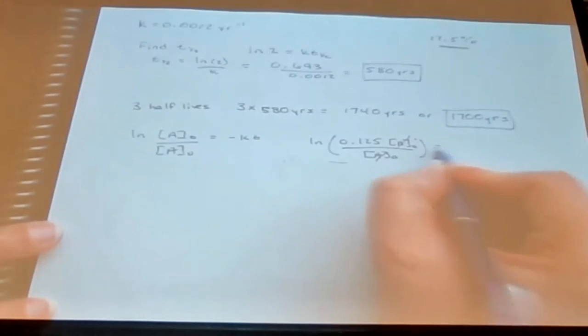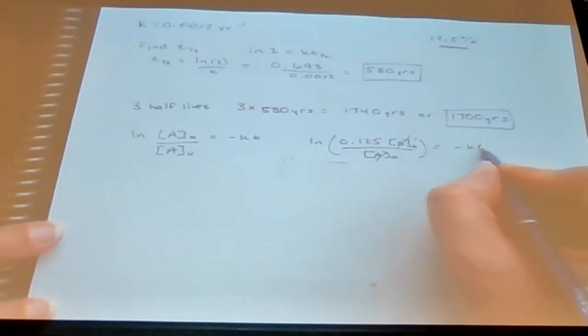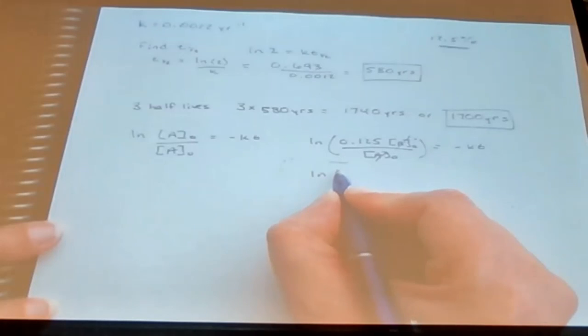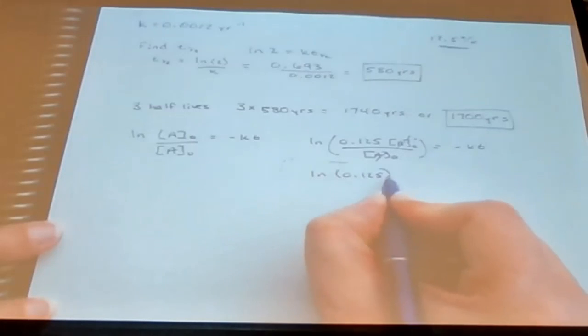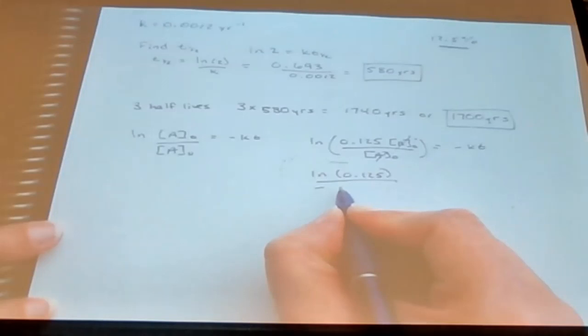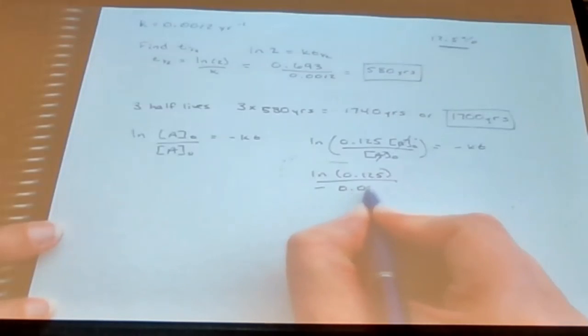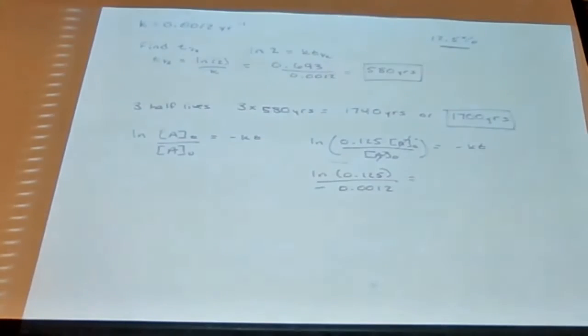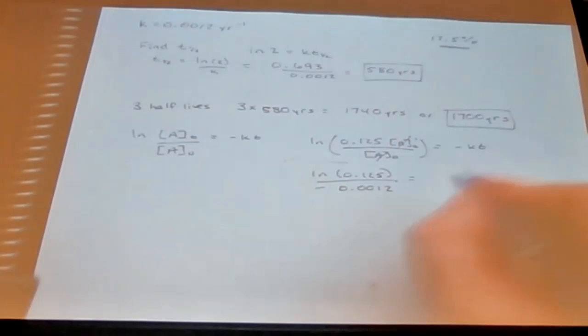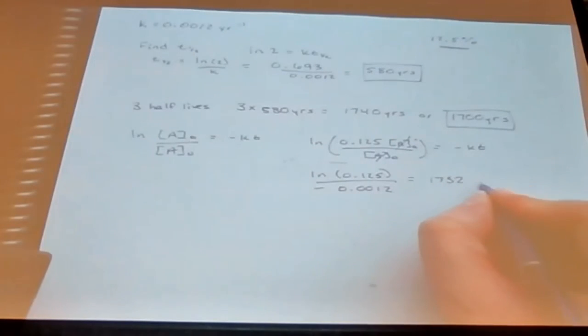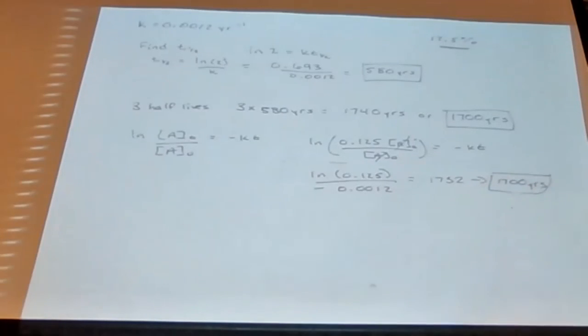Those cancel, equals negative KT. Natural log of 0.125 divided by negative 0.0012, and that's going to give me my time. I get 1732, which rounds to 1700. Right, so you can do it either way.